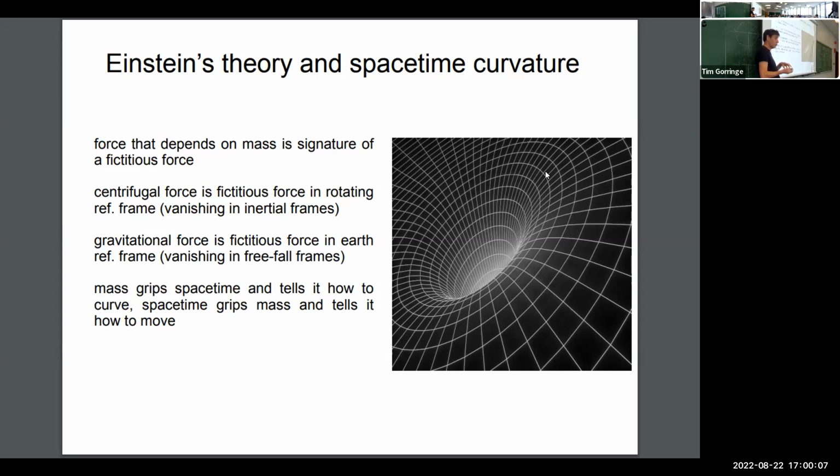And the gravitational force is really not like other forces of nature, electric force, magnetic force, nuclear forces, in being transmitted through space. It's really a distortion of space itself by matter, and it's space itself determining the movement of matter.